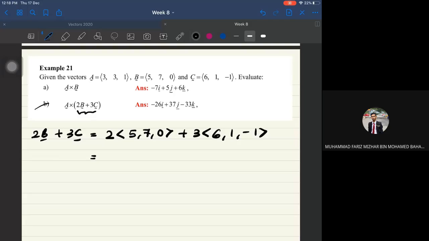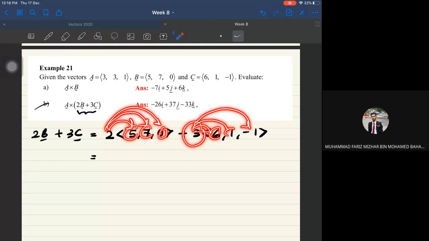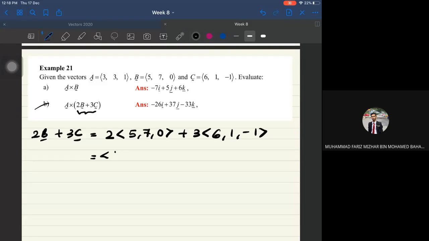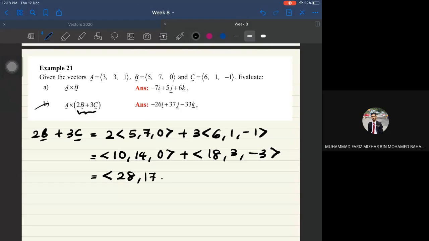What does the scalar mean? Every component must be multiplied by this scalar 2. Every component inside must be multiplied by the scalar outside. So you will have 10, 40, 0, plus 18, 3, negative 3. So 10 plus 8, 28, 14, 3, 17, negative 3.